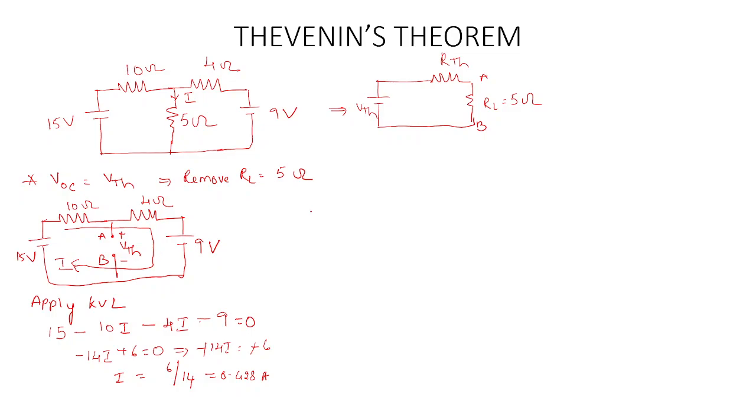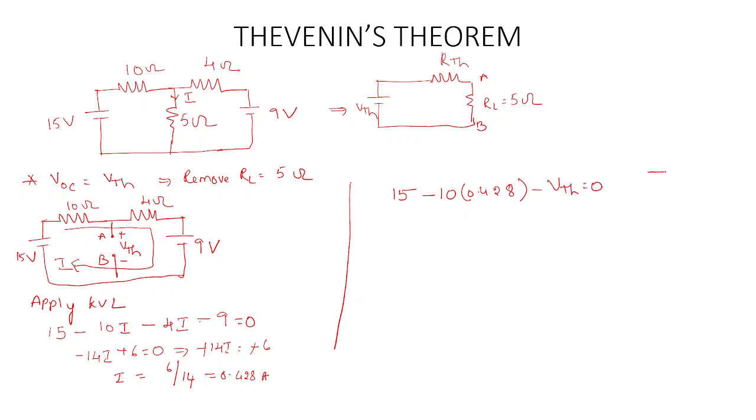So substituting in the equation to get the V Thevenin, consider this simple loop. 15 is the rise, minus 10 into the current obtained, 0.428, and the voltage across the terminals is V Thevenin, minus V Thevenin is equal to 0.